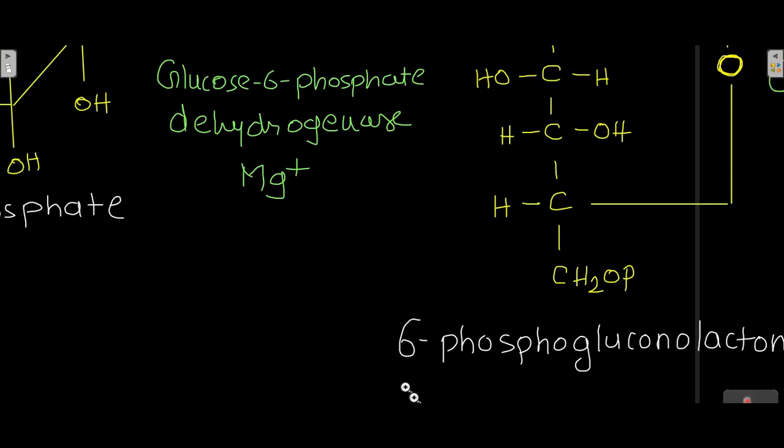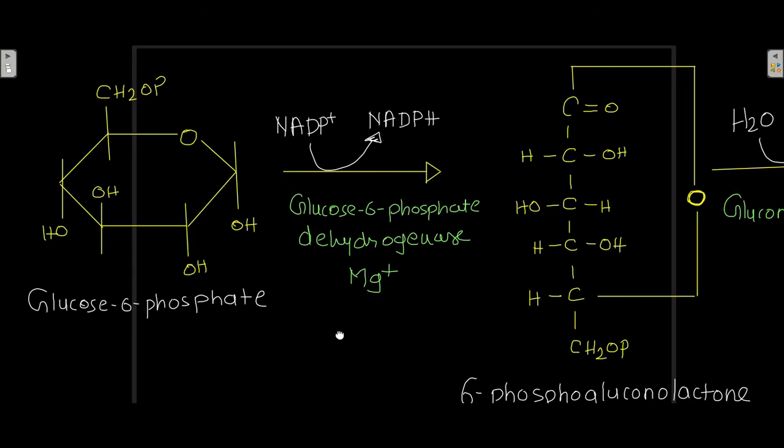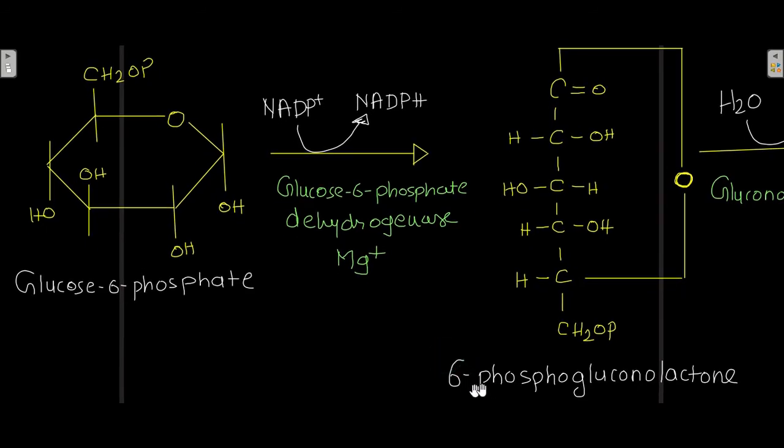When glucose 6-phosphate is converted into 6-phosphogluconolactone, one NADP plus is converted into NADPH. This reaction is catalyzed by glucose 6-phosphate dehydrogenase, and for the activity of this enzyme, Mg2+ ion is required.